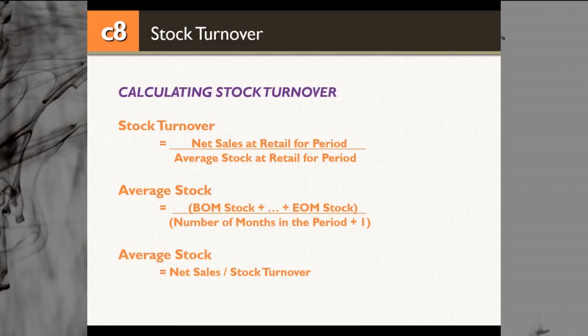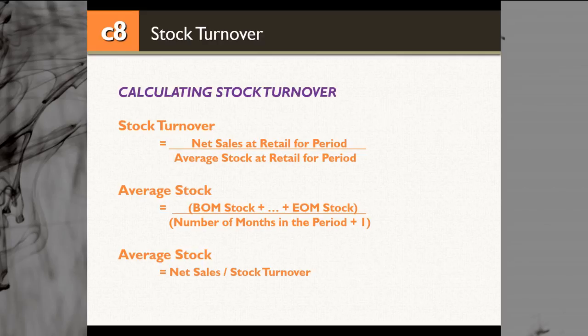And let's look at how you can calculate this stock turnover. Your stock turnover can be calculated as net sales at retail for the period divided by average stock at retail for the period. So you are using net sales again here, and you need to calculate the average stock to get your stock turnover.